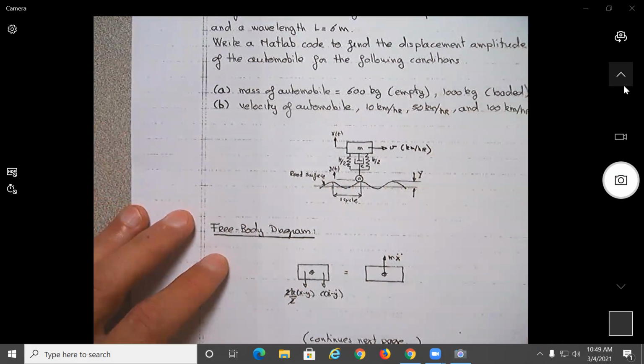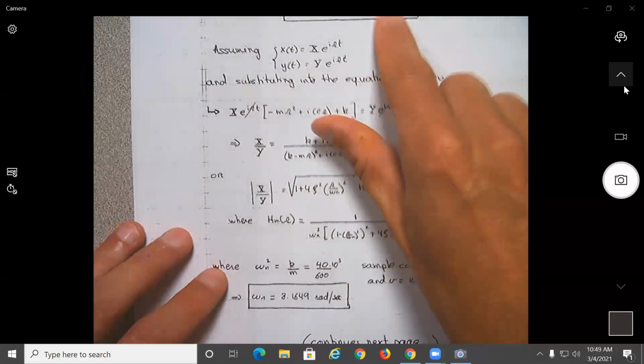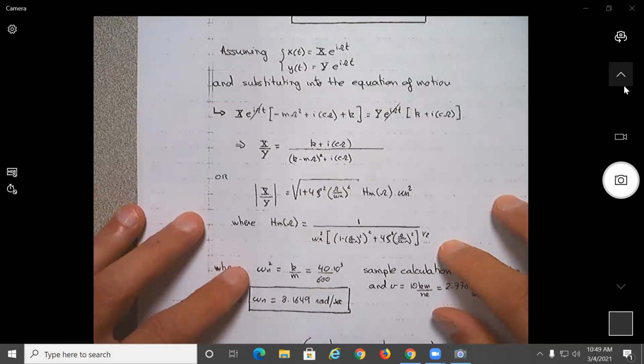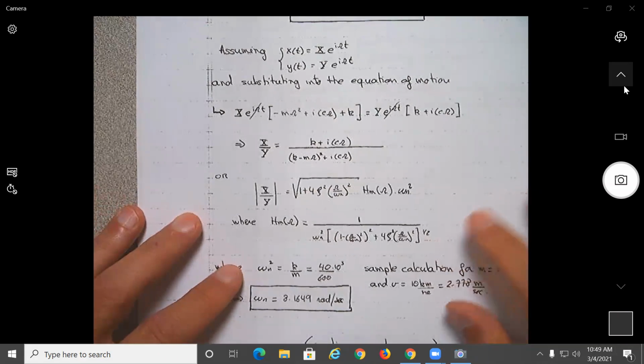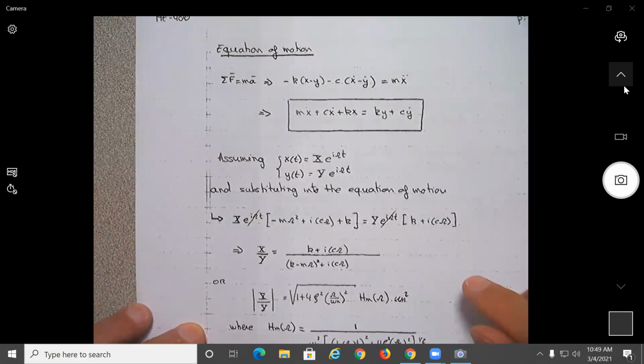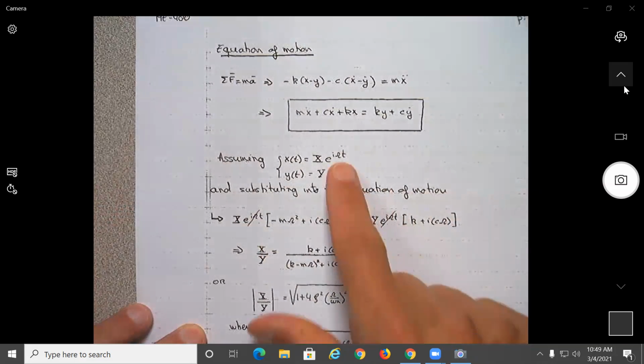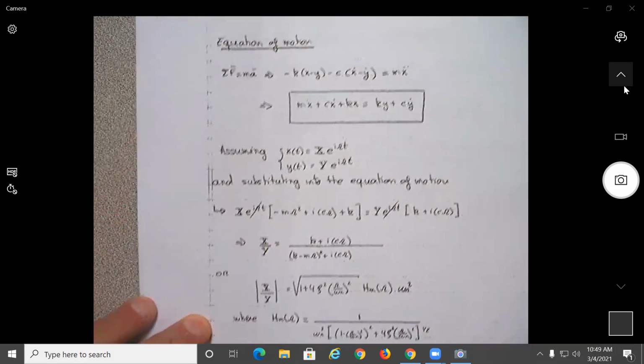So again, first thing to do would be to find the equation of motion, but you know exactly what the equation of motion is going to be. This is what we just did, no? Yeah? Okay. Same equation. Here again on the problem, I say assume the solution, and I go very quick.